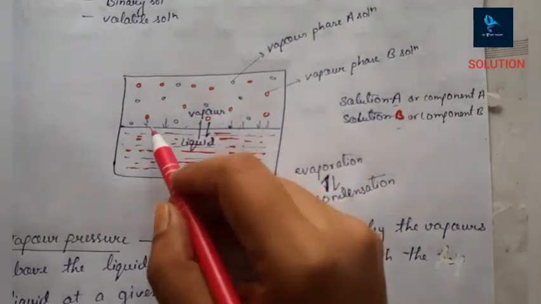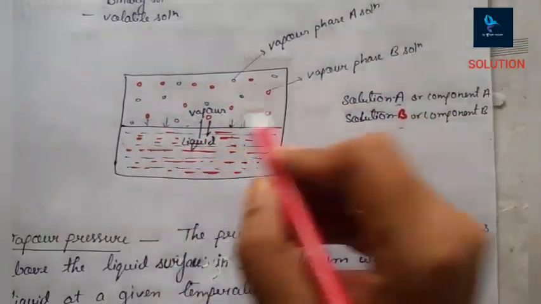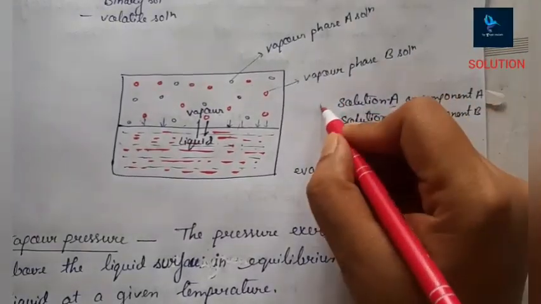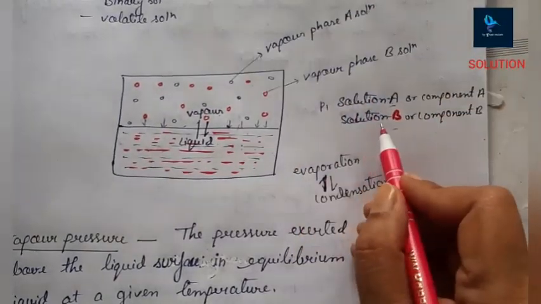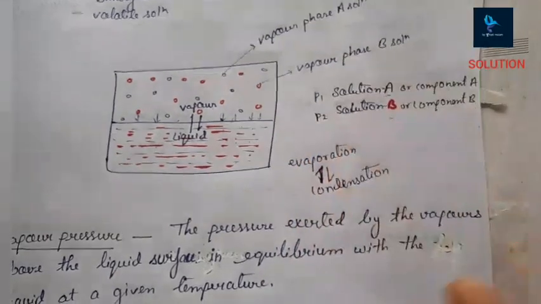Let us assume the vapor pressure of the first liquid is P1 and the vapor pressure of the second liquid or component is P2.